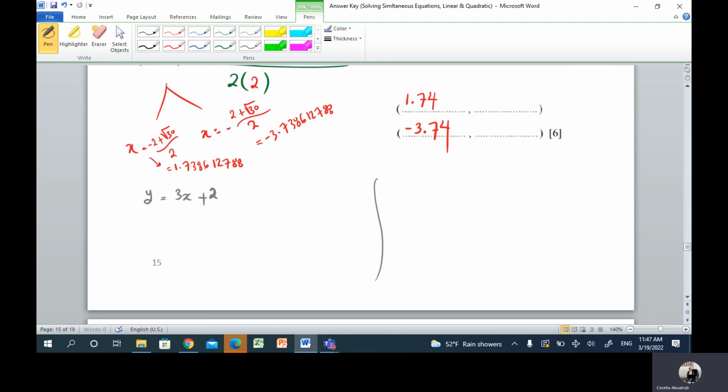So what do we do now? We're going to substitute the value of the first x. Y is equal to 3 times the first x, which is 1.7386127888, plus 2 equals, use the calculator now. So it's 3 times 1.73861278 plus 2.